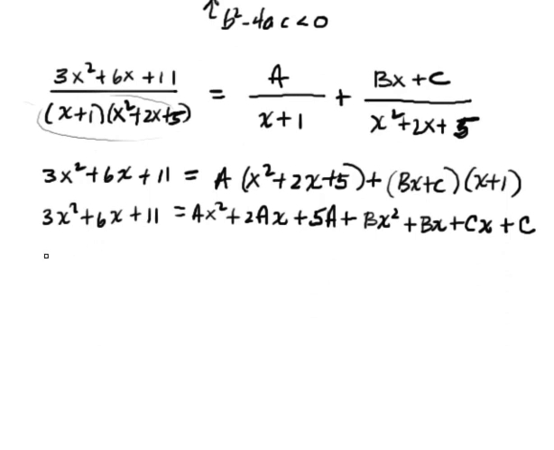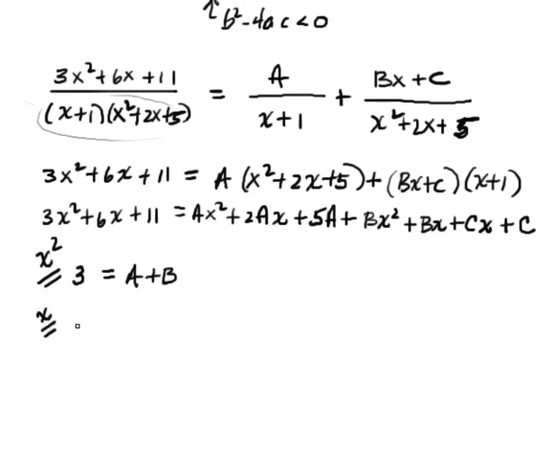Okay, so here, x squared. We have 3 on the left. So 3 is equal to a plus b. Okay, now let's look at x coefficients.